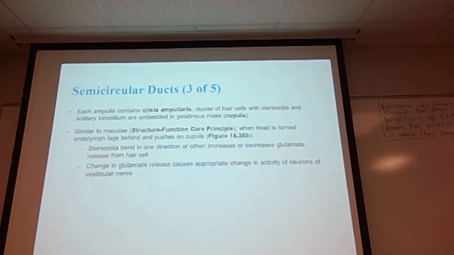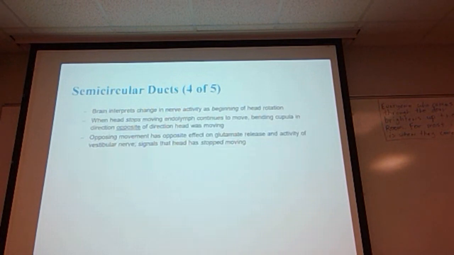When the head is turned, the endolymph lags behind and pushes on the cupula. The stereocilia bend in one direction or the other, either increasing or decreasing the glutamate release from the hair cell. The change in glutamate release causes an appropriate change in activity of the neurons of the vestibular nerve, and our brain then senses that as the beginning of the head rotation.